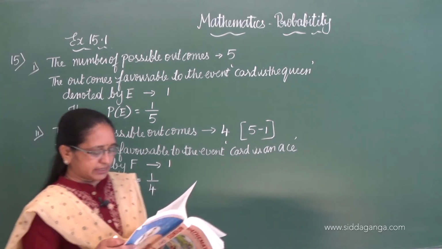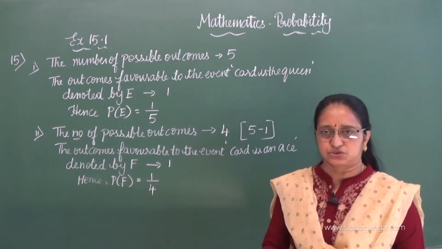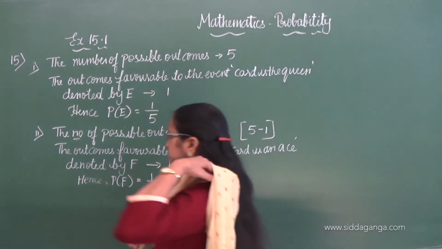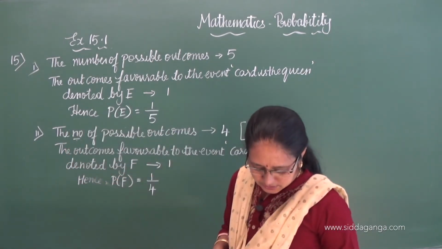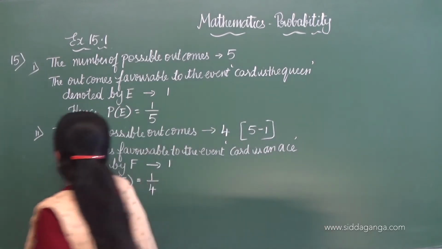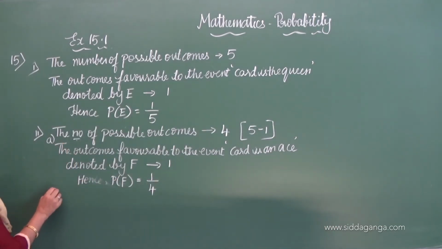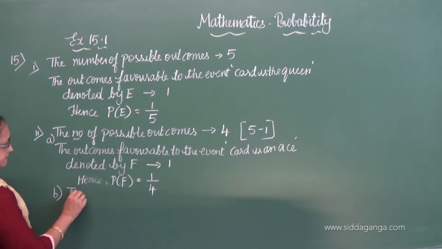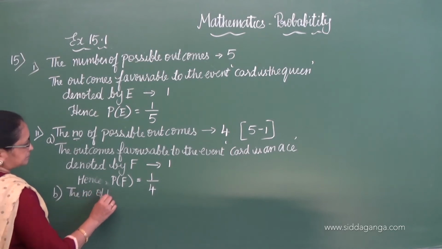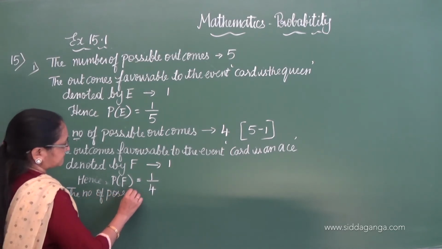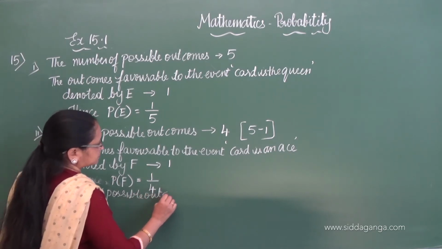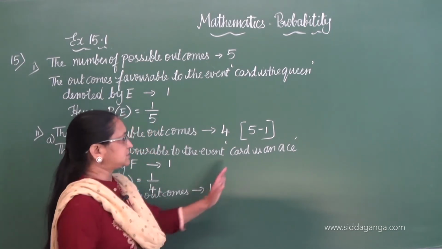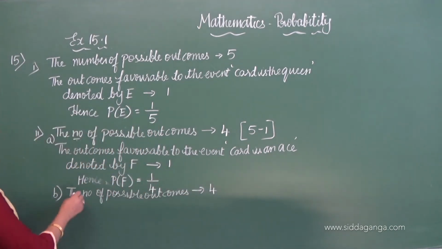Same way you can write the other one, that is, if the Queen is drawn and put aside, what is the probability of getting a Queen? In the second one they have given sub questions, this is A and this is B. Same way you have to write the number of possible outcomes is 4, because the Queen is put aside. So it is 4 only, no change.